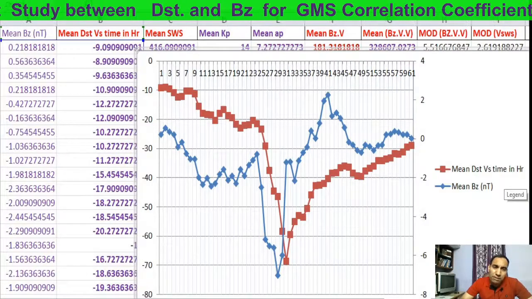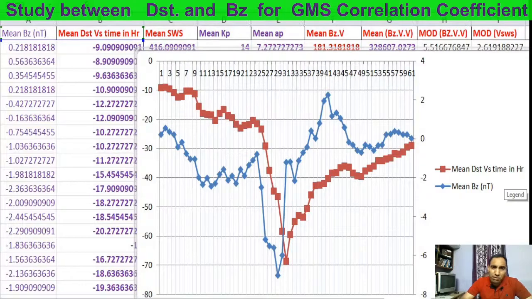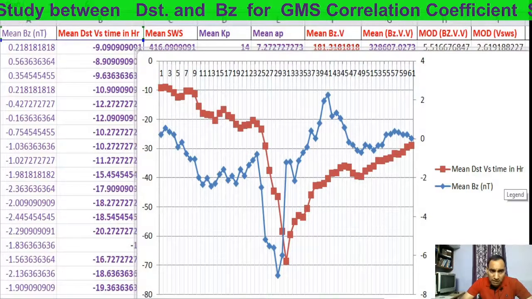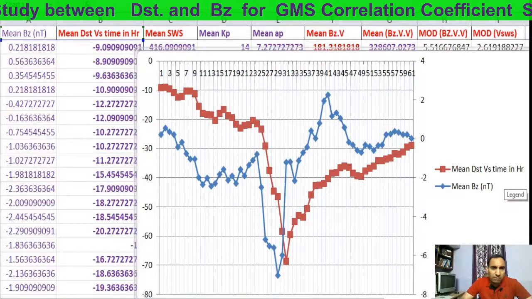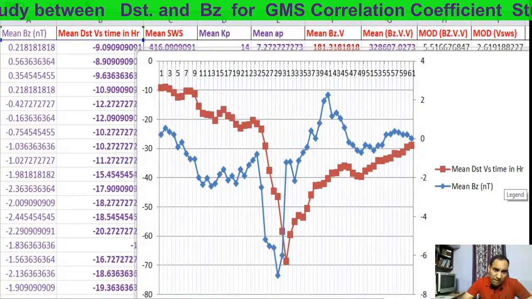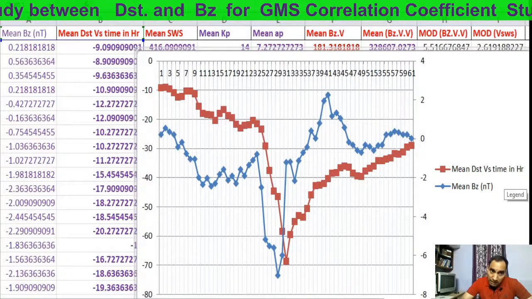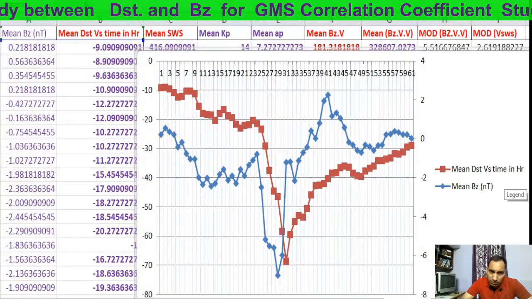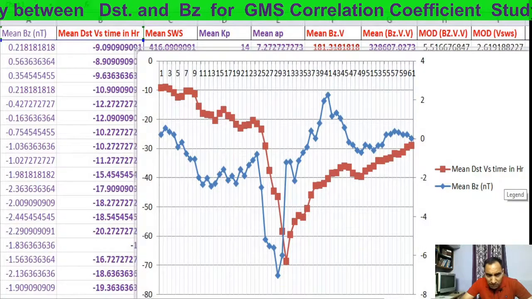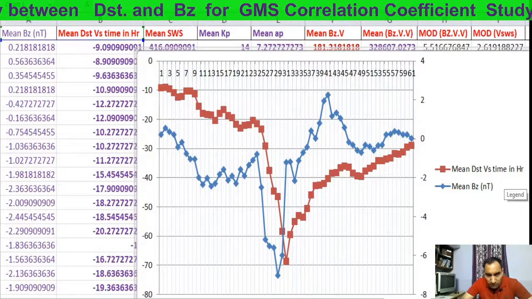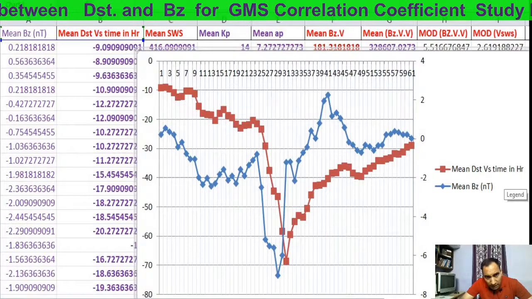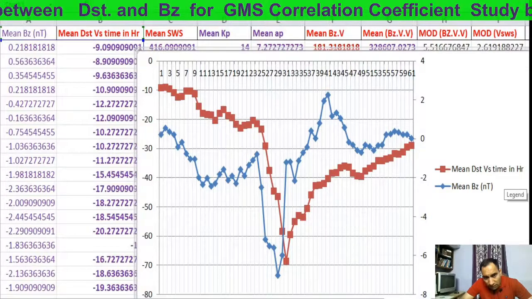We have also noticed that whenever a geomagnetic storm disturbs the magnetic field of earth, the southern component of the magnetic field of earth, Bz, which is in the blue color here, also gets disturbed. And see, the disturbance of the southern component of the magnetic field Bz is very similar to the disturbance of the Dst index. First it is in action, then it is in the recovery phase.